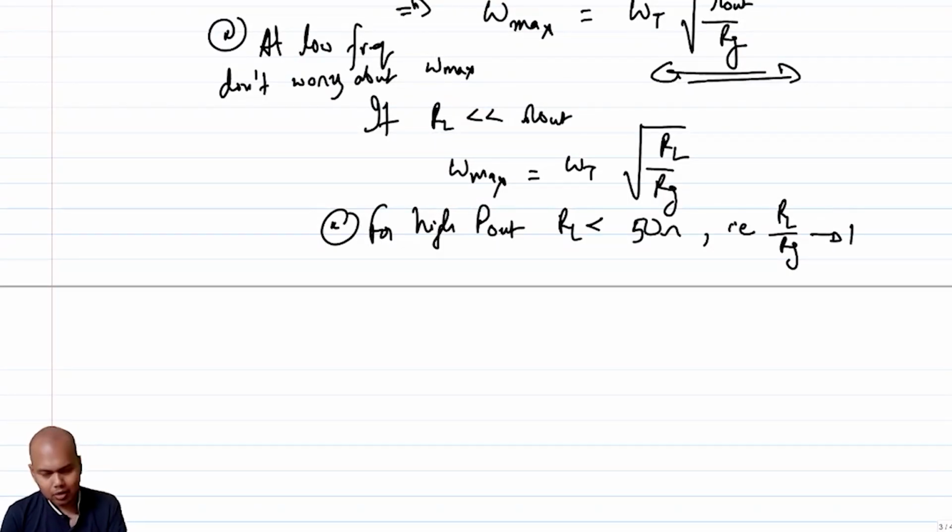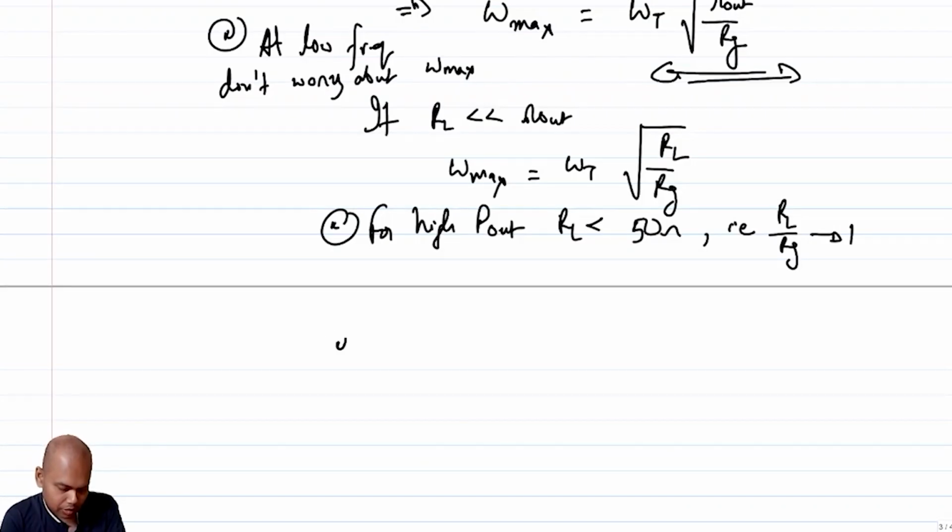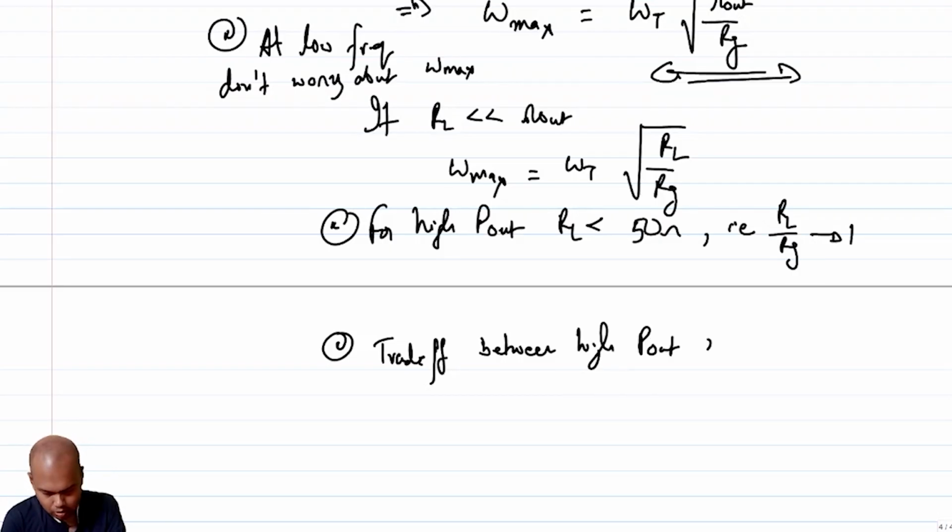This might be an exaggeration, maybe 2, maybe 3, maybe 4, or whatever, but omega max tends to omega t, or you lose omega max. So which means a trade-off between high power and high omega max. Correct?